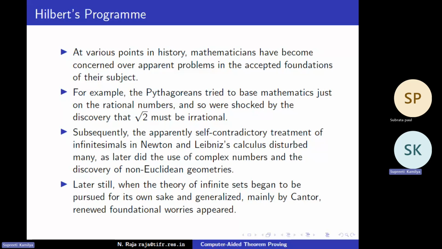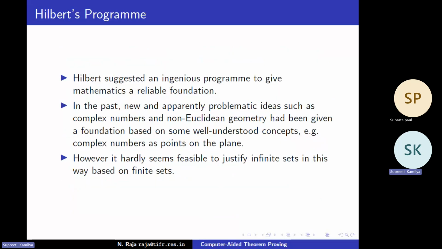So foundational worries have appeared again and again. It was not just Cantor. Before him, there were non-Euclidean geometries, infinitesimals, and even before that, irrationals. People had to find ways to reconcile these with the ideas of mathematics that they had.